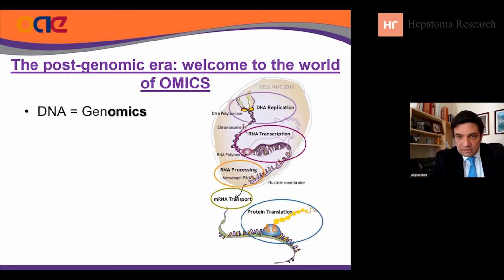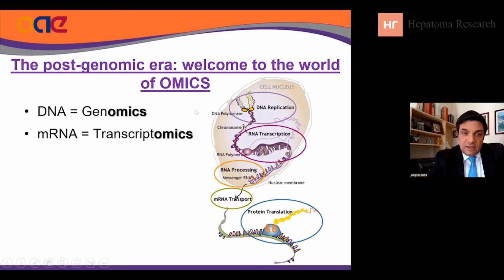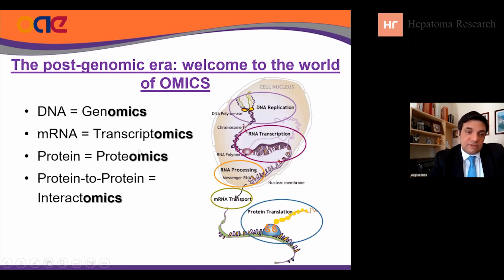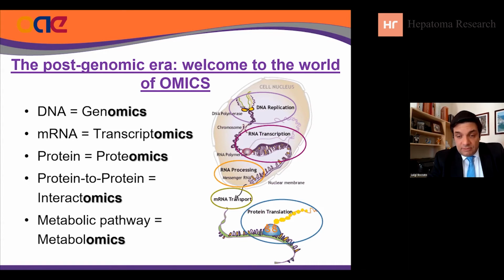that are targeting the DNA, so the genomics, as you can see here, the RNA, the transcriptomics, that started with the messenger RNA, but really now is extended to all types of RNA, proteomics, proteins, interactomics, so the interaction of multiple proteins, and metabolomics.